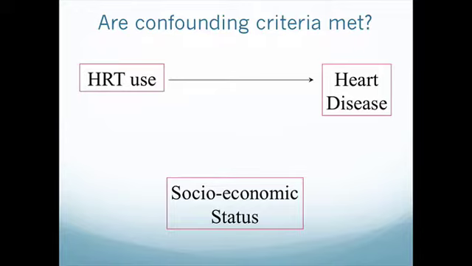They differ based on more than just one key factor, more than just whether you use HRT. They differ in socioeconomic status. That unbalancing of socioeconomic status among our exposed and our unexposed groups means that we can't tease apart whether it is actually the HRT or the socioeconomic status, because there are at least two different things going on in our exposed and our unexposed groups. They are not the counterfactual to each other. It's not that the only thing different is HRT use.